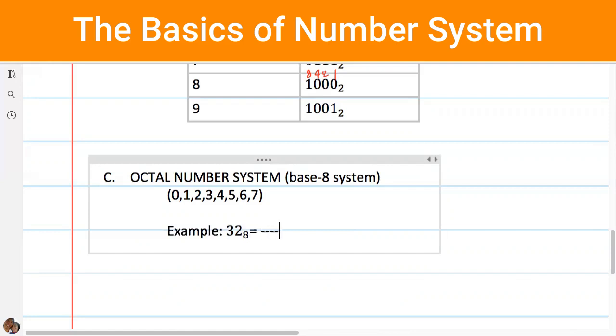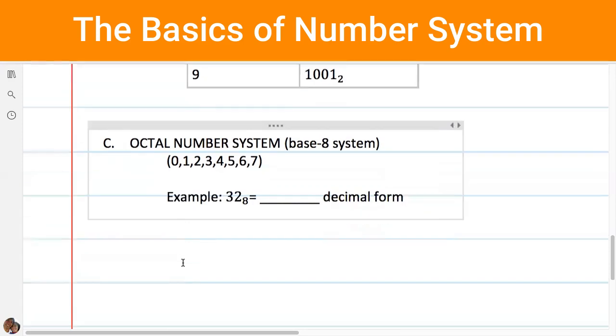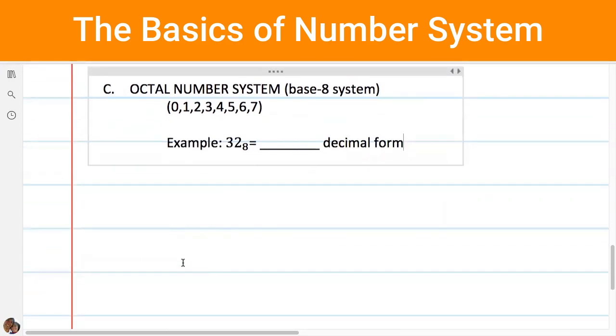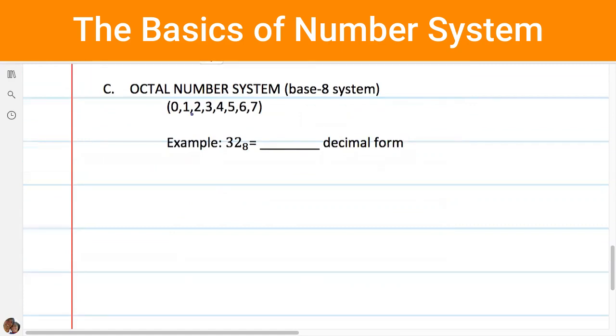Okay, let's create a problem. What is this octal number in decimal form? Now let's go back to the basics. We are going to write the octal number here and its place values.